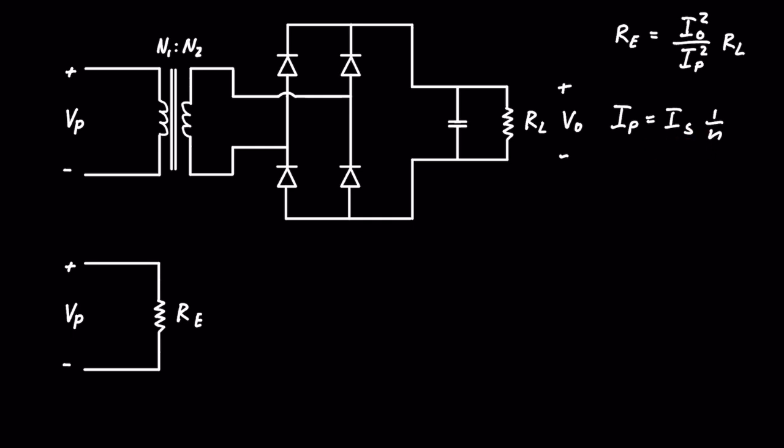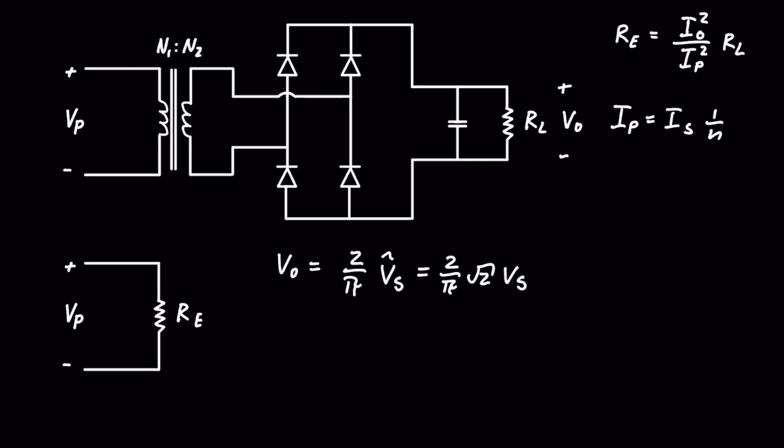In order to find the IS, we need to look at the rectifier here because the current is being rectified. If you search up the equation for the voltage over a rectifier, you will find VO is equal to 2 over pi multiplied by Vs peak, because Vs is the voltage over here. This could be rewritten as 2 over pi multiplied by the square root of 2 and then multiplied by Vs, which is the RMS value of Vs. But we want to find the ratio between the currents on the output and the secondary side.